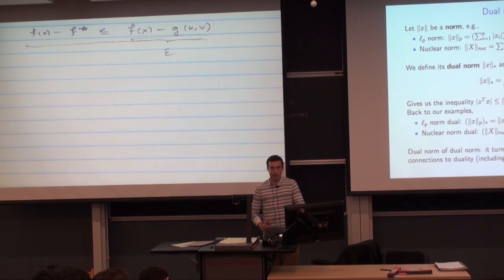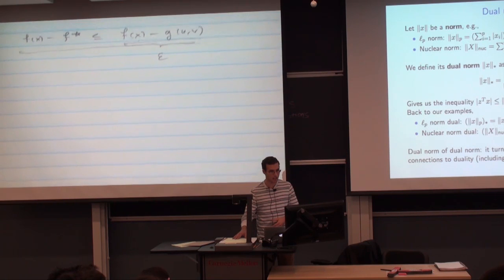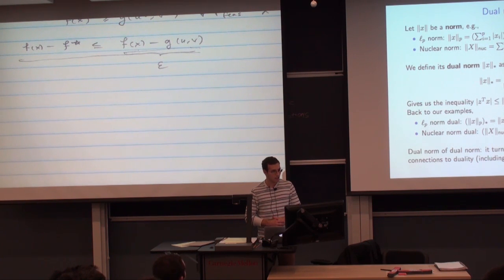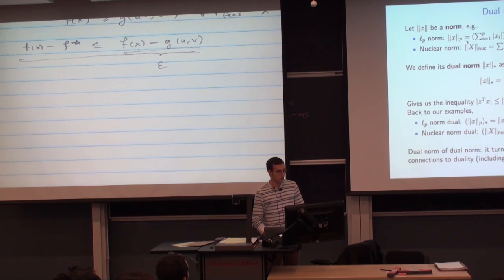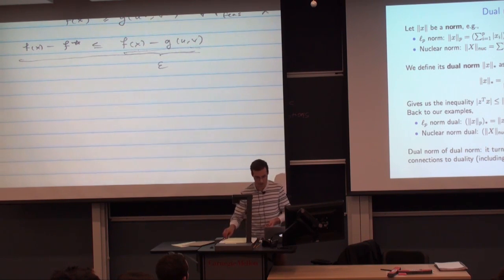Here's one other connection I want to make, and we'll be talking about connections to other types of duality or other uses of the ideas of duality. We talked about dual norms a bit through this class. And in particular, we made this observation earlier on, that if you have a norm, and common examples are these Lp norms, where we take the absolute value of each entry. I'm missing a p there, I'm sorry.